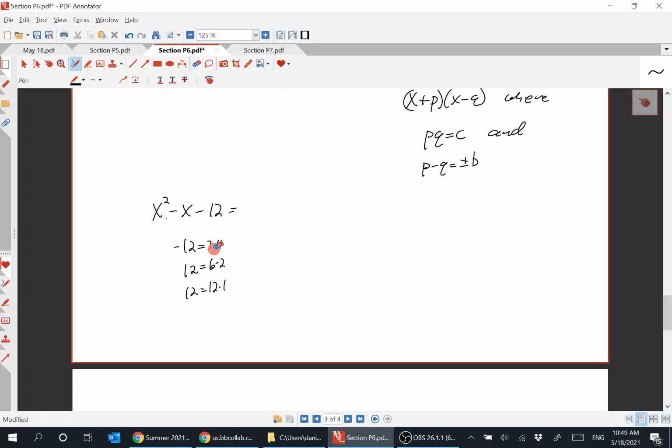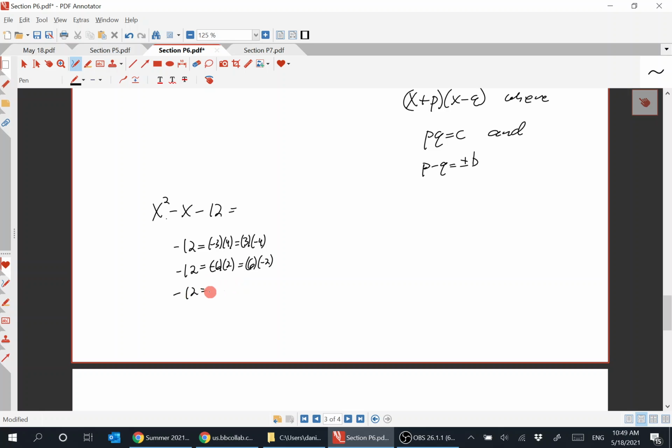Negative 12 is equal to, so let me write it this way, minus 3 times 4. It's also equal to positive 3 times minus 4. Minus 12 is minus 6 times 2, which is also equal to positive 6 times negative 2.